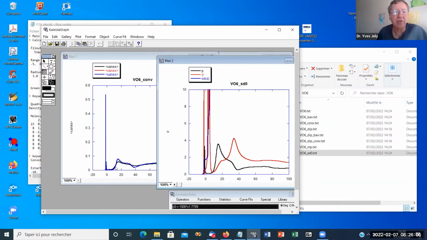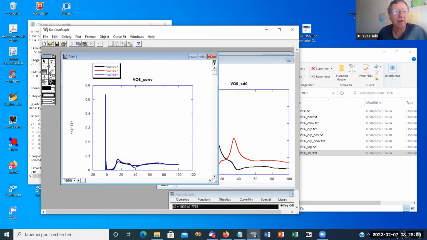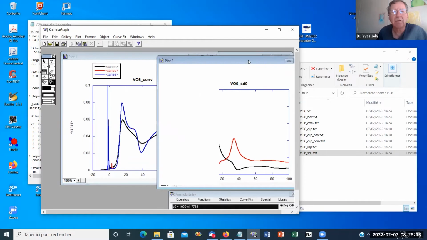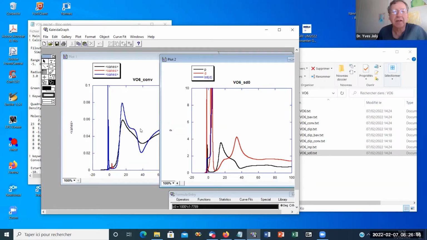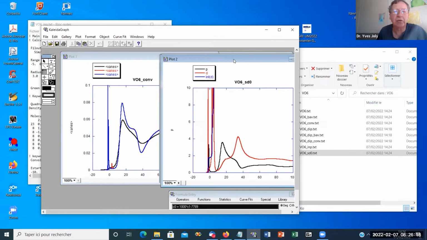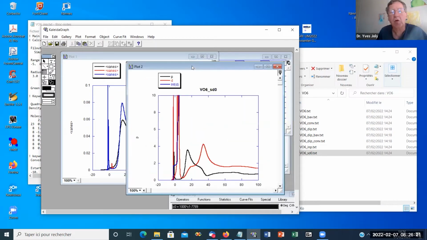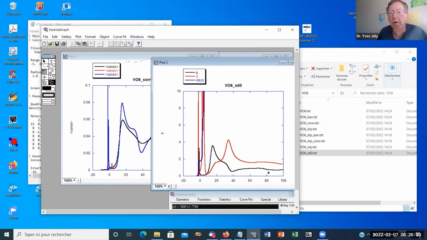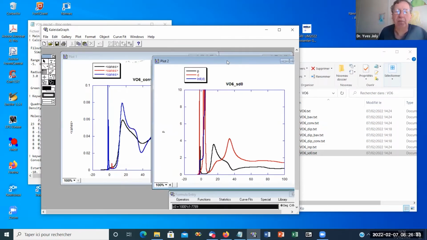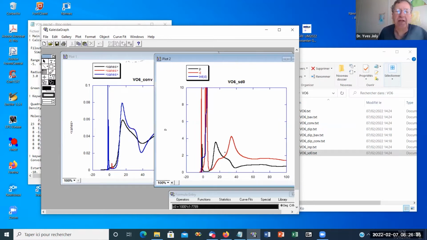It's rather similar before convolution, but not exactly the same because there is some slope effect. But what is important is you can check that XANES is nearly proportional to the density of state for the P state.